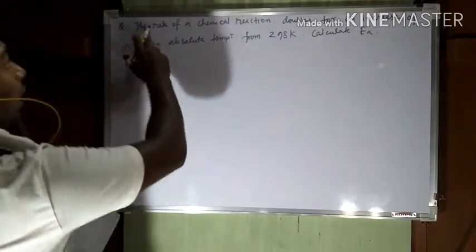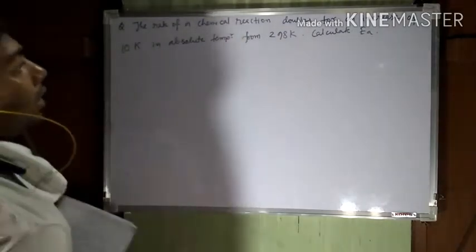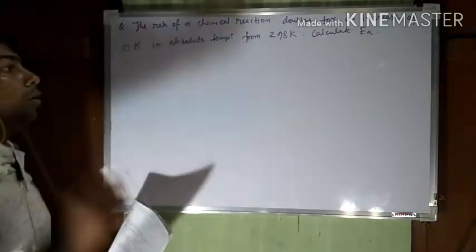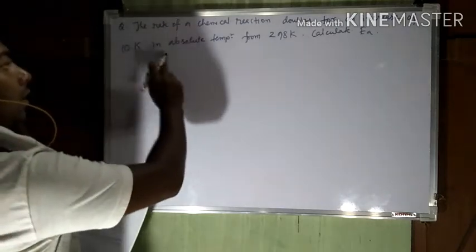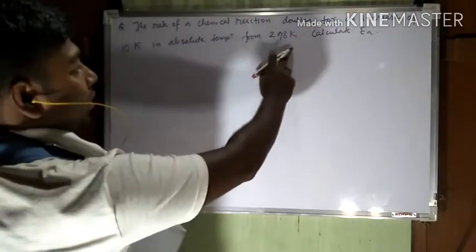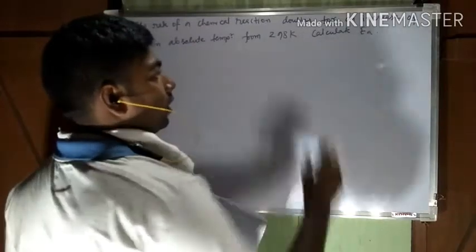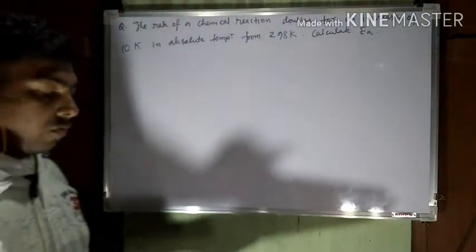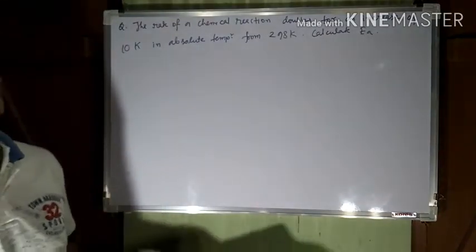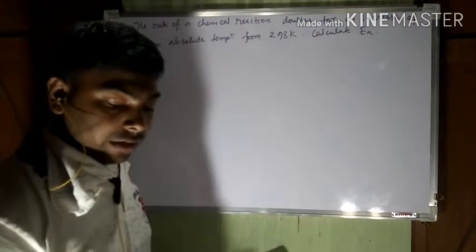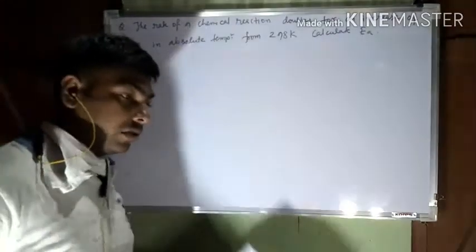The rate of a chemical reaction doubles for an increase of 10 Kelvin in the absolute temperature from 298 Kelvin. We have to calculate the activation energy. What will we do? First of all, write the given data.